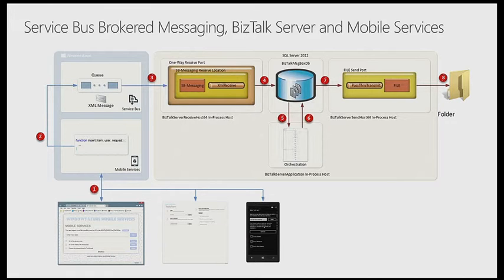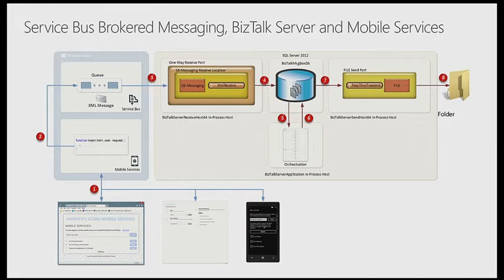This is pretty much a similar scenario, but instead of relay, I'm using a queue. Relay is a connectivity solution where, for example, I issue a query: where's my reservation, where's my pizza? I'm expecting a reply to come soon. If I'm just posting an order, I can post it to the queue and BizTalk will consume it later on. That's loosely coupled.